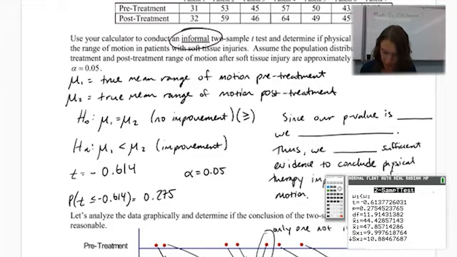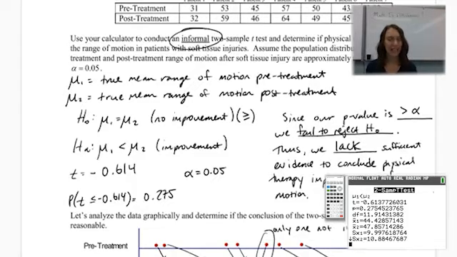Since our p-value is greater than alpha, we fail to reject H naught. So we cannot conclude that what we see in the alternate hypothesis is true. Thus we lack sufficient evidence to conclude that physical therapy improves range of motion.